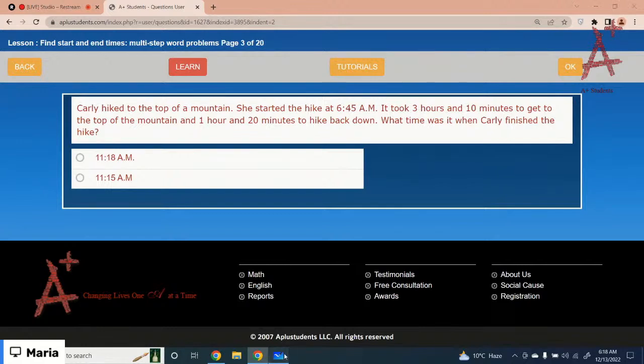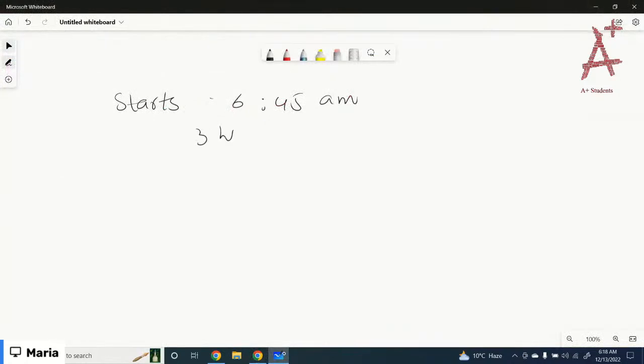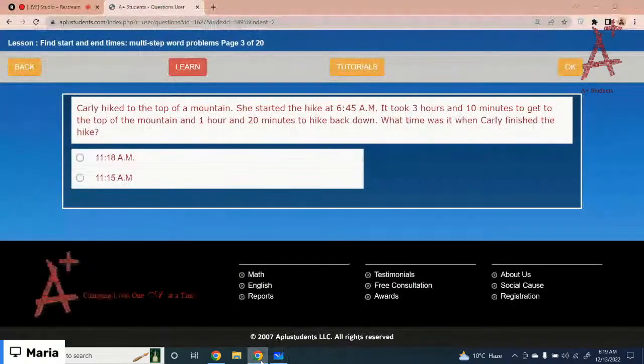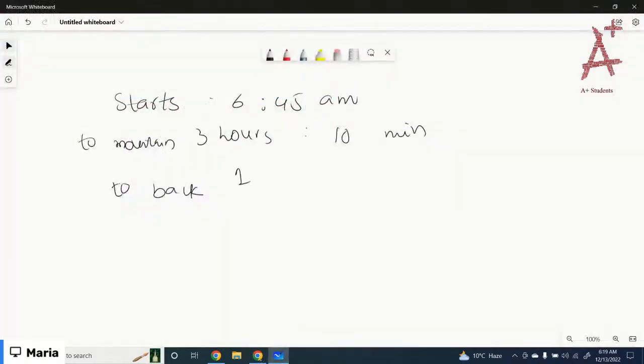So 3 hours and 10 minutes to go to the mountain, and then to come back it is 1 hour and 20 minutes. First calculate the total time. Got it?